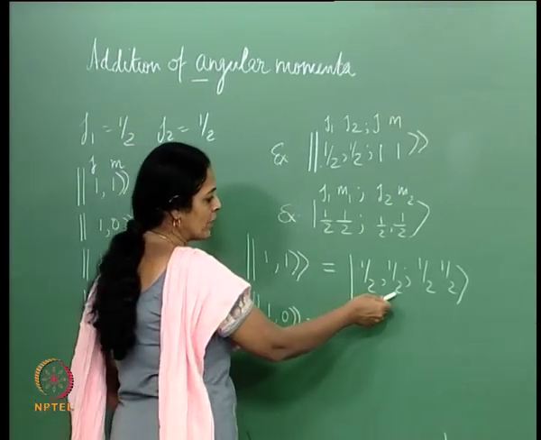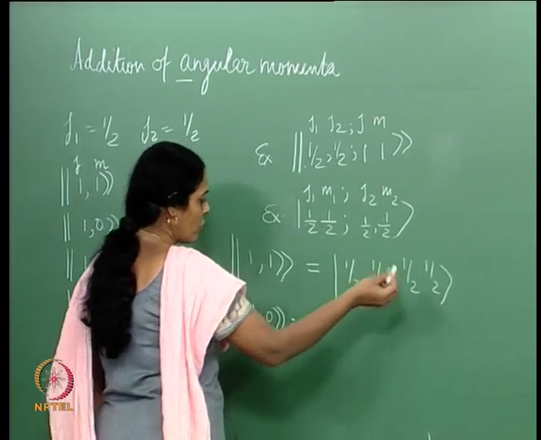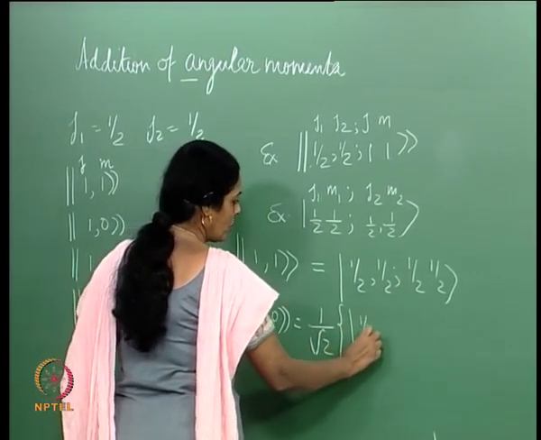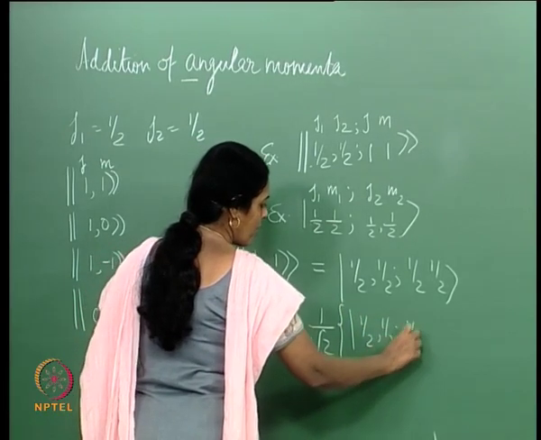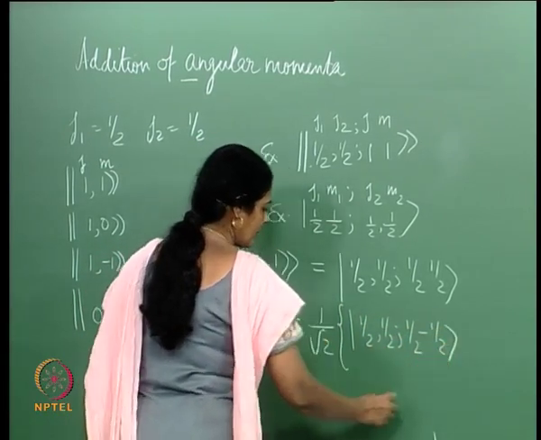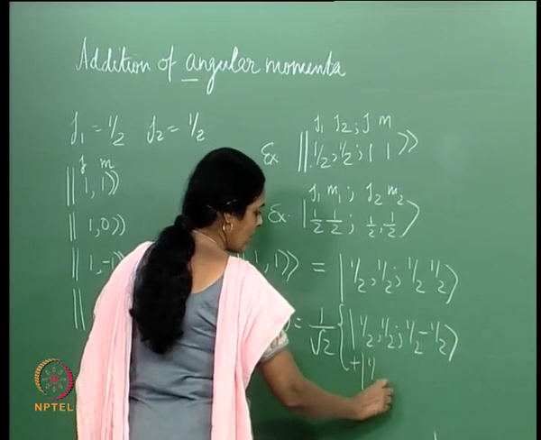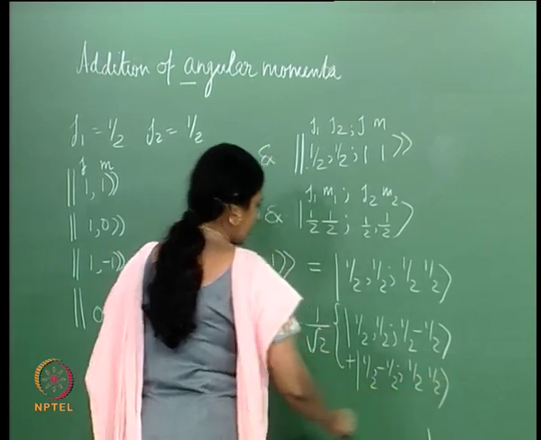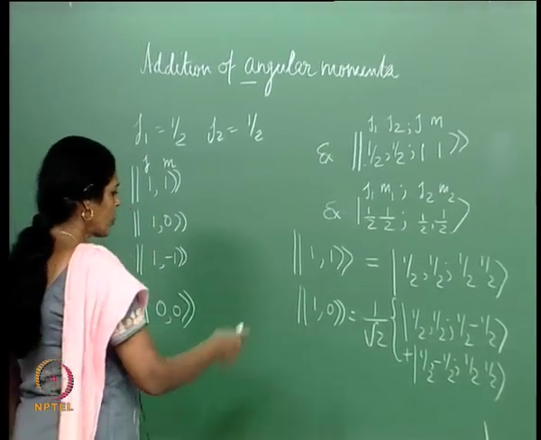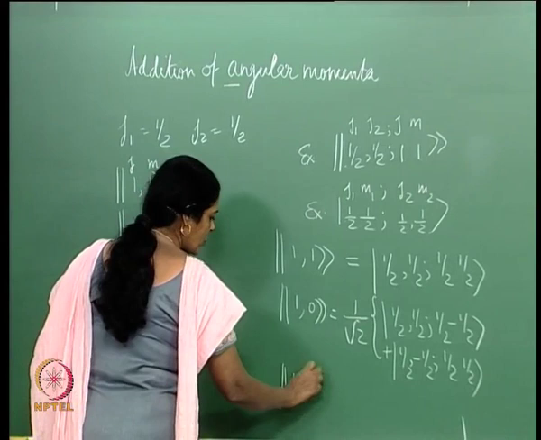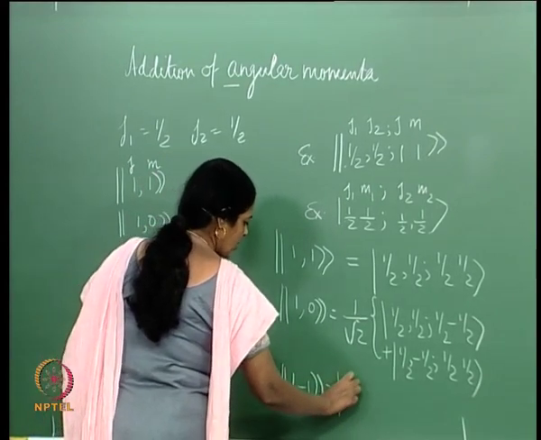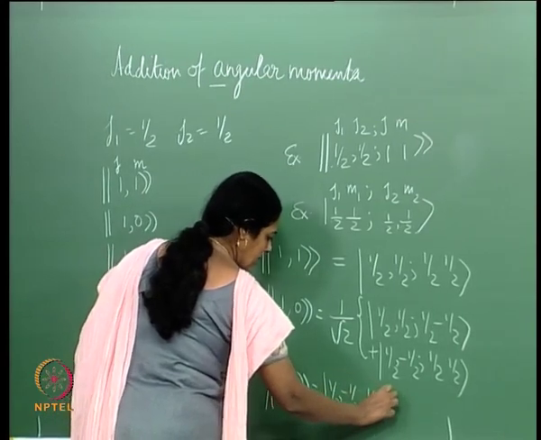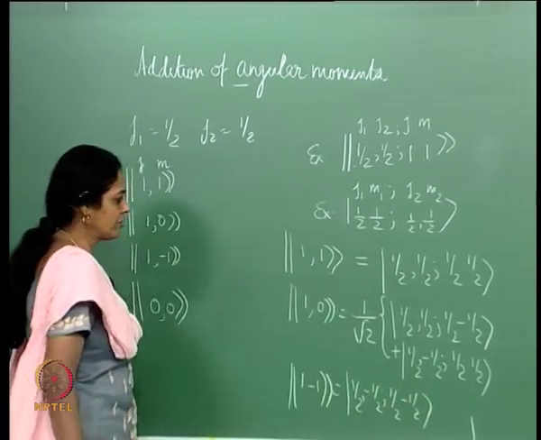I could have started with M1 equals half and M2 equals minus half, or the other way around, and we showed that this was 1 by root 2 times half half, half minus half, plus half minus half, half half. So this was 1 comma 0, and 1 comma minus 1 was another stretched case which simply came from M1 equals minus half and M2 equals minus half.